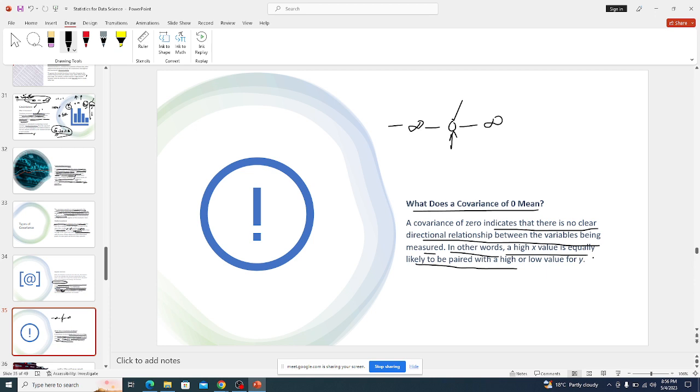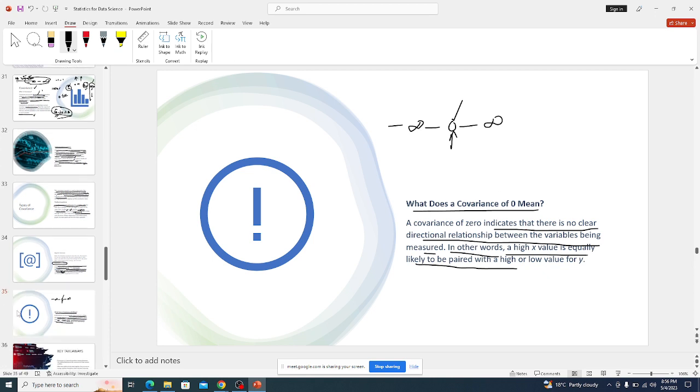Because we don't have any clear information about the direction. So you might find yourself pairing all your values or variables to be the same, because you don't know their impact on each other.